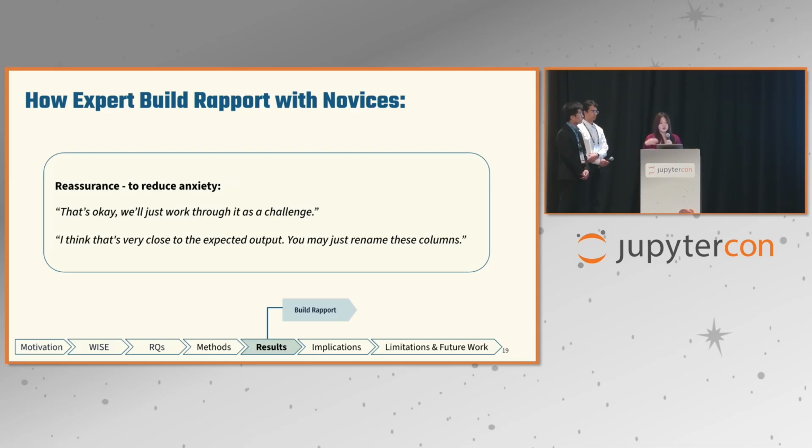At the same time, when the novice runs into issues or challenges, they will use a lot of reassurance to help reduce the anxiety. For example, they'll say, "Oh, that's okay, you just need to work through it as a challenge," or "You're really close to the correct answer, you just need to do this and that." So you can see that the expert during the study is constantly making an effort to build this close connection with the novice.